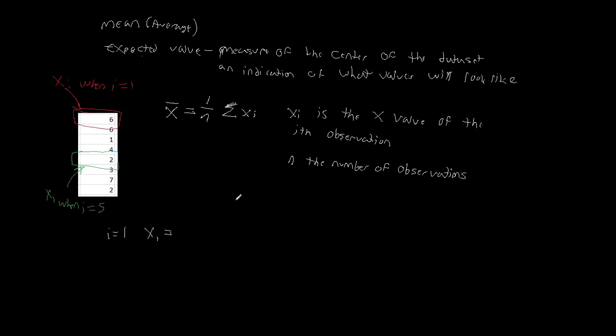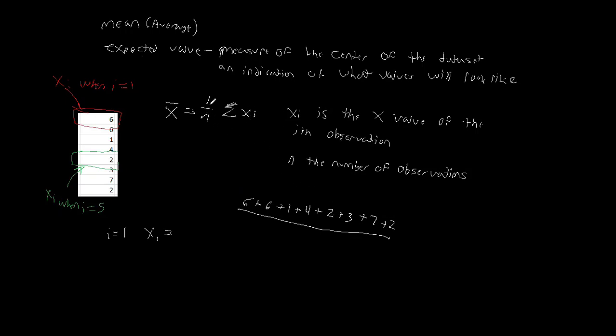So we would have 6 plus 6 plus 1 plus 4 plus 2 plus 3 plus 7 plus 2. This top part here is the summation of x sub i.